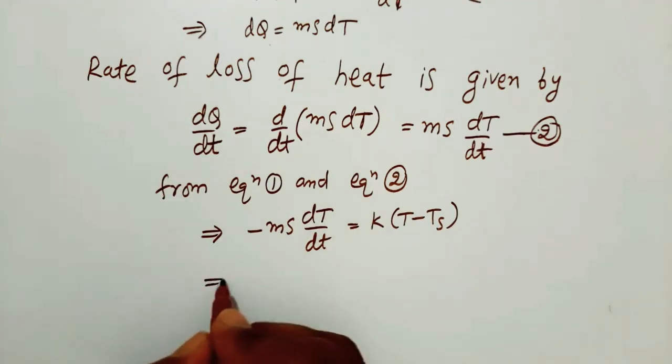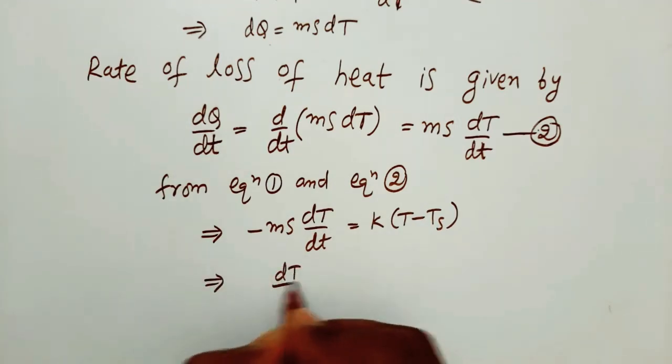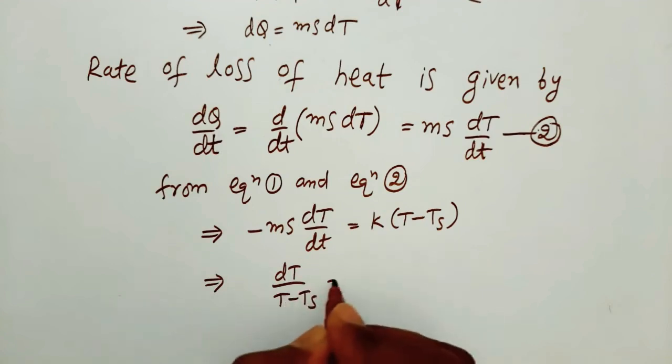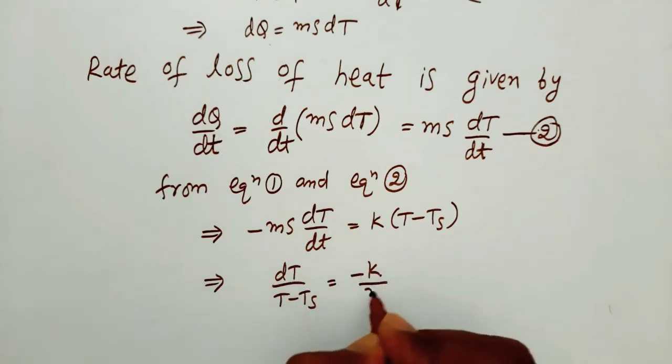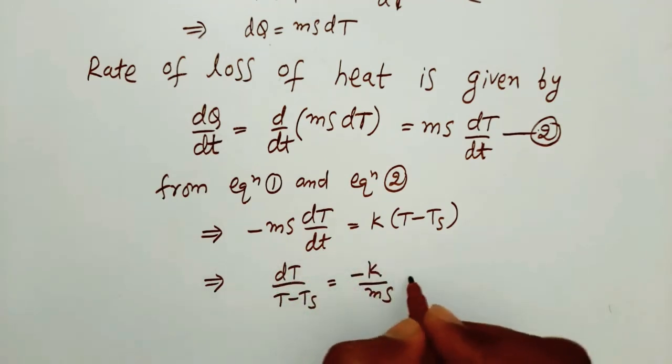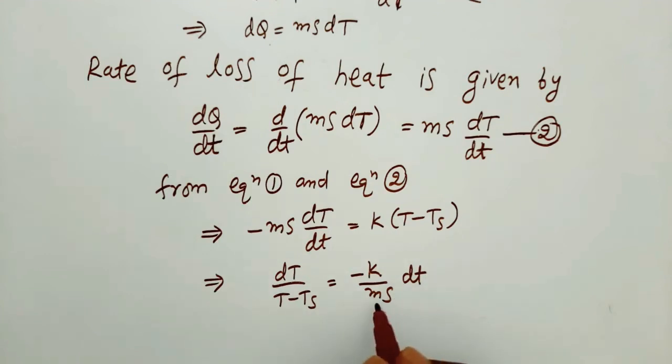So from this we can write dT by T minus Ts is equal to minus K by ms into dt. Here m and s are constants, so constant by constant, we can write a constant. So dT by T minus Ts is equal to a constant, that is K, into dt.